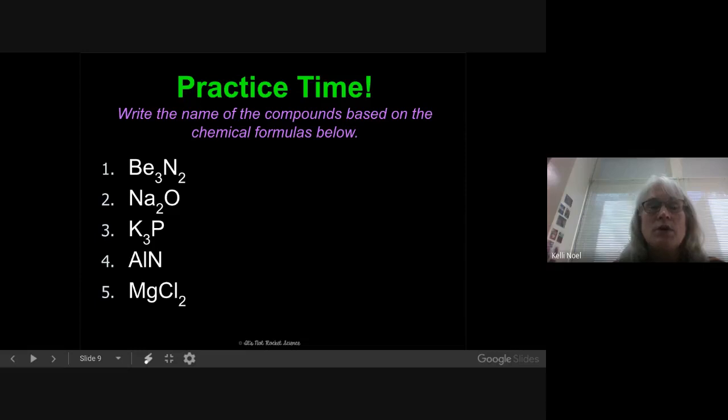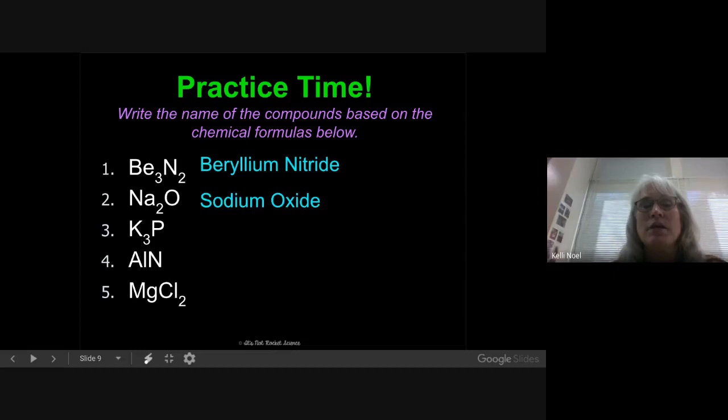So for this one, Be is beryllium, N is nitrogen. Nitrogen becomes nitride, so beryllium nitride. Na is sodium, O is oxygen, so sodium oxide, oxygen becomes oxide.